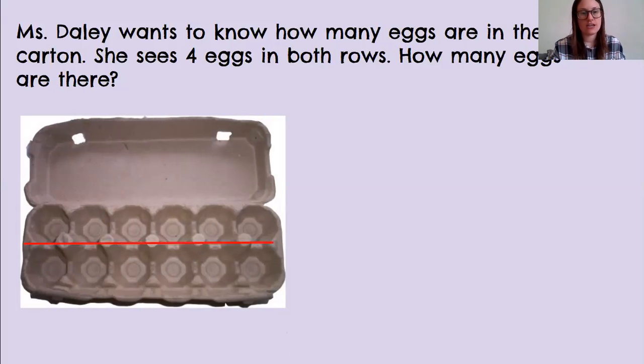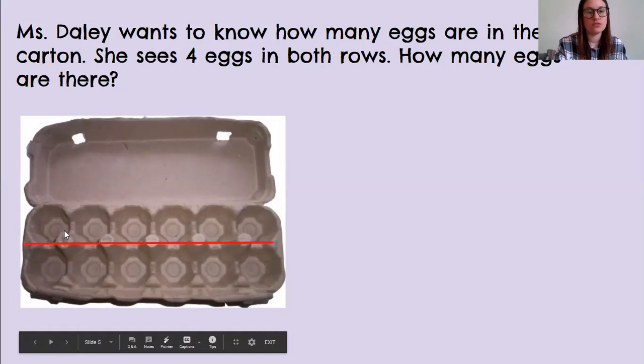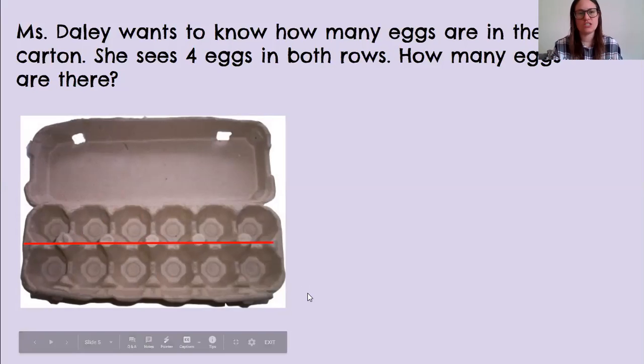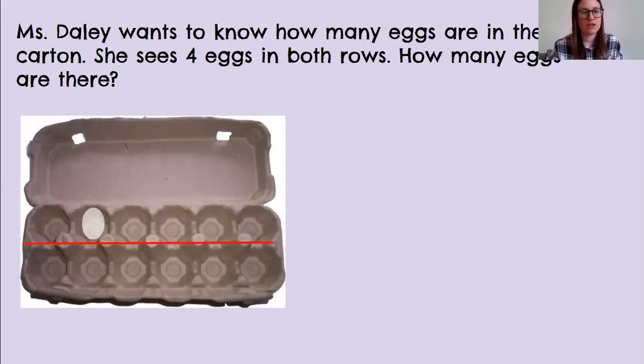We're going to go ahead and draw this line to separate the egg carton to show the 2 rows. Here's a row and here's a row. She sees 4 eggs in both rows. So let's count in the first row. 1, 2, 3, 4. And in the second row, 1, 2, 3, 4.